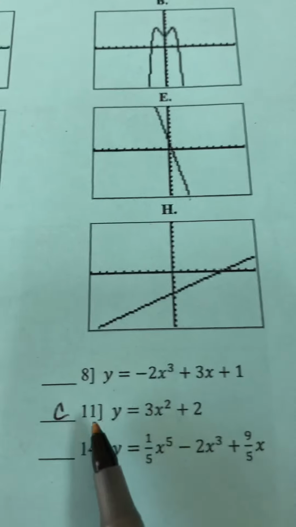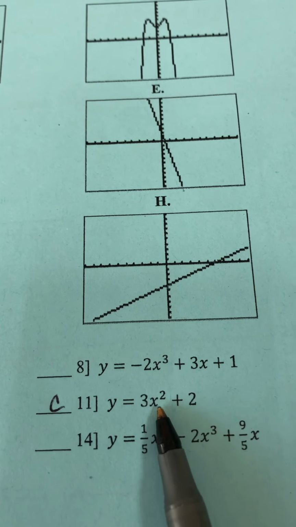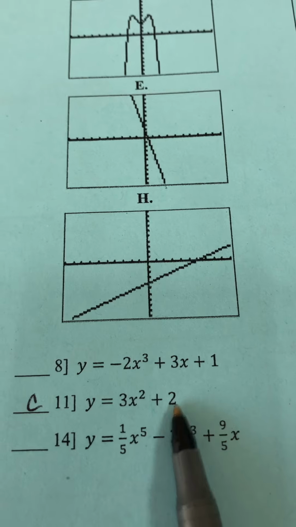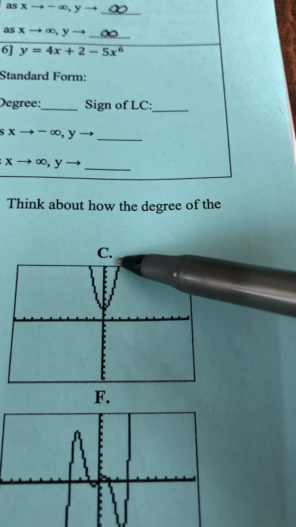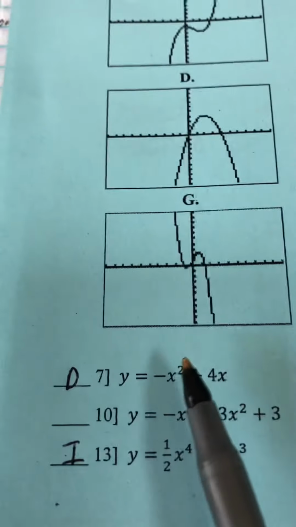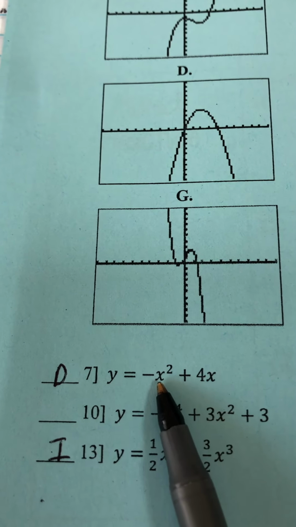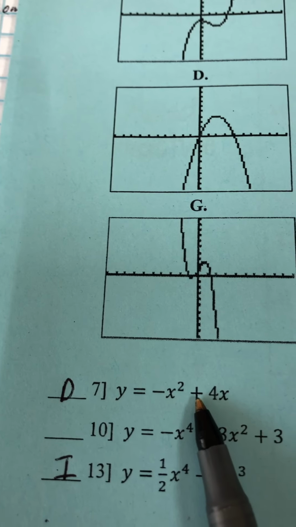And another instance would be like 11. You know that this is quadratic, so it's going to be U-shaped, and it crosses the y-axis at positive 2. So here it is, C. Notice this one is going to be a quadratic also, and it opens downward.